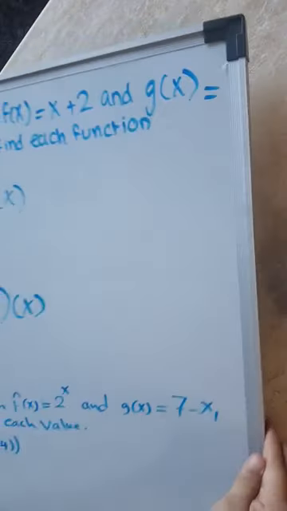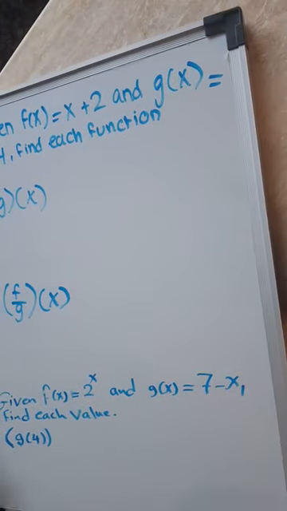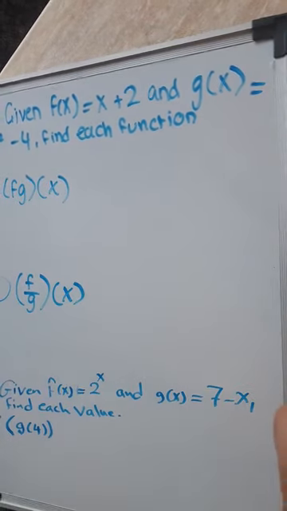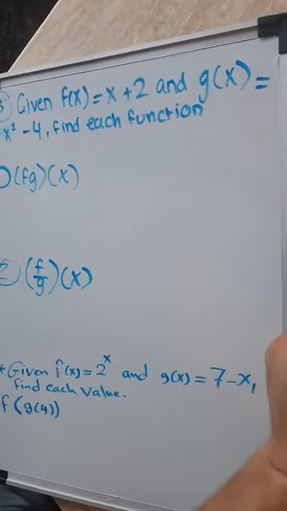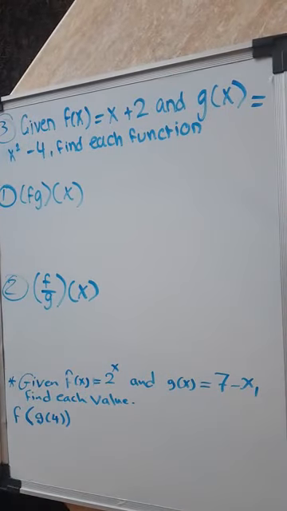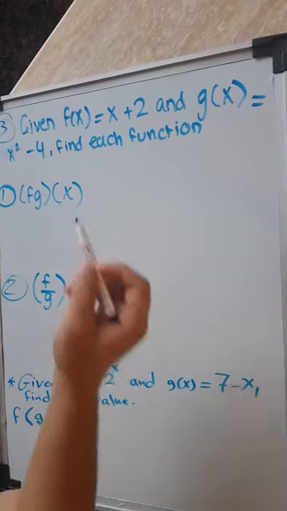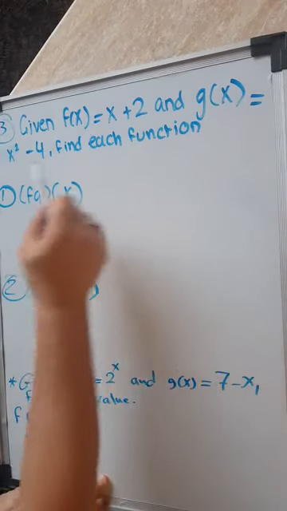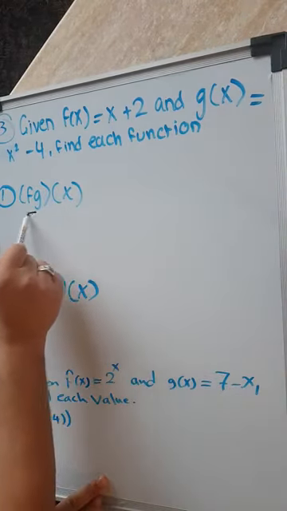One more question. What if we have different operations? Like f of x is x plus 2, g of x is x squared minus 4, and this is multiplication.